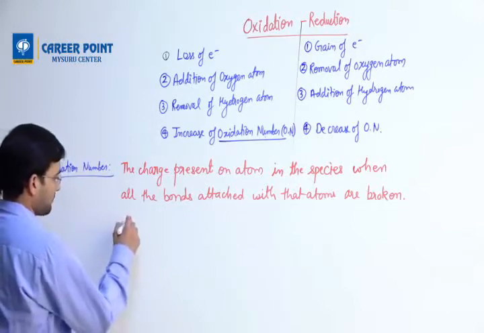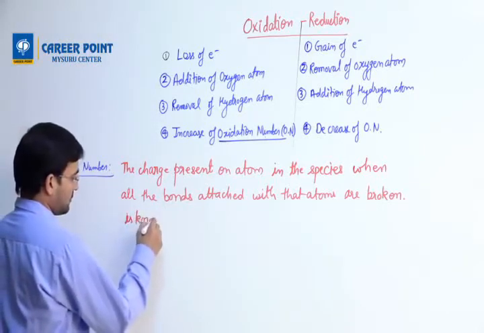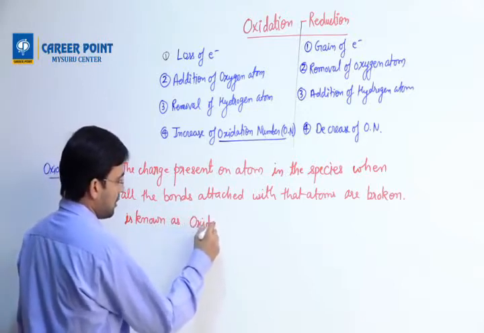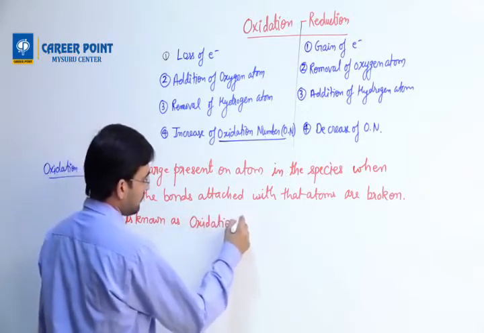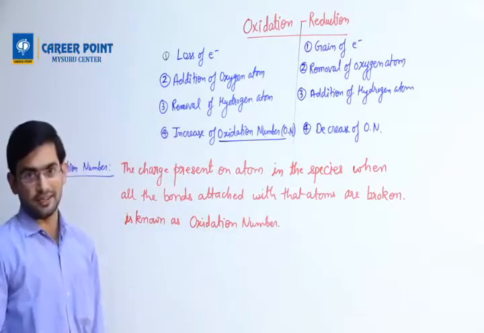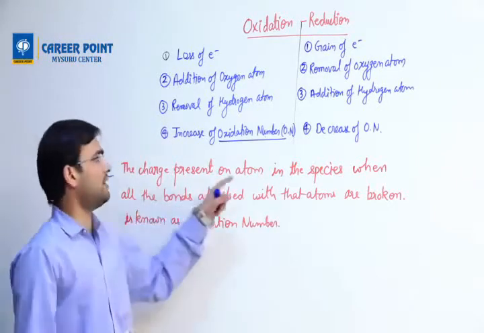It is known as oxidation number. So basically it's a charge, but the charge present on an atom.